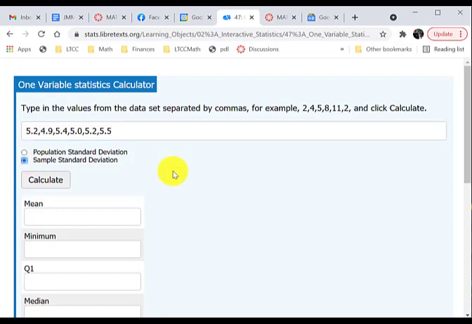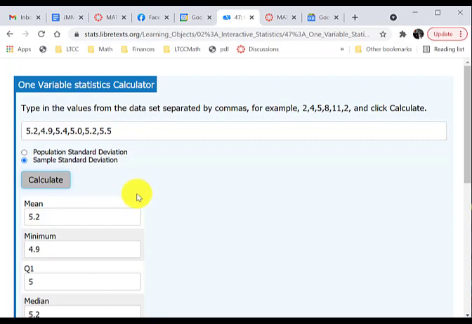It turns out that the formula for the sample standard deviation is slightly different than the population standard deviation formula. So if you choose wrong, you're going to get a slightly wrong answer. Turns out the mean and the minimum and most of the other statistics, whether it's population or sample, they're the same, but standard deviation, it matters. So I hit calculate.